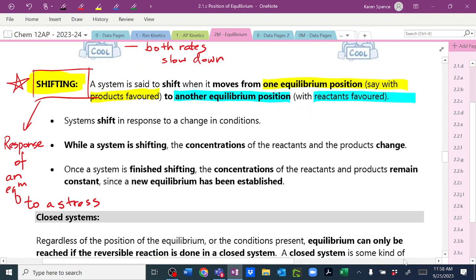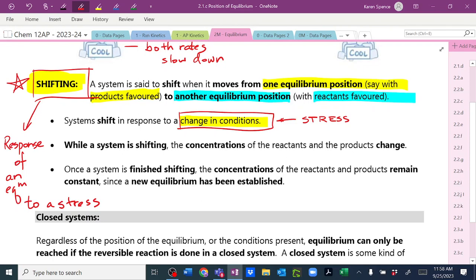Systems shift in response to a change in conditions. What do we call that change in conditions? That's called the stress. And we'll talk about all the things that are stresses and aren't stresses another day. While a system is shifting, what's going to be happening to concentrations?